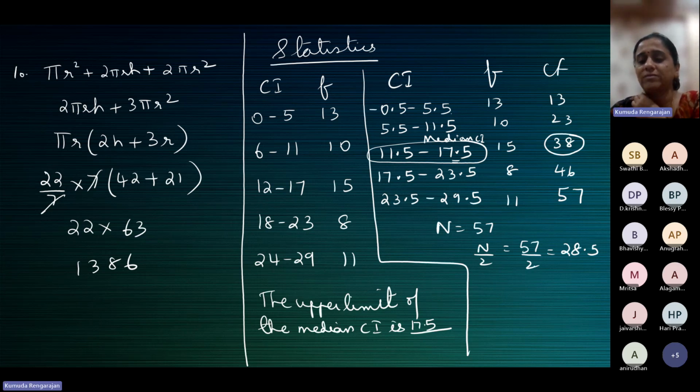N by 2, 57 by 2, 28.5. Now in the CF column, the value that is just greater than 28.5 is 38. And the corresponding class interval, 11.5 to 17.5, is the median class interval. And you can see that the upper limit is 17.5.